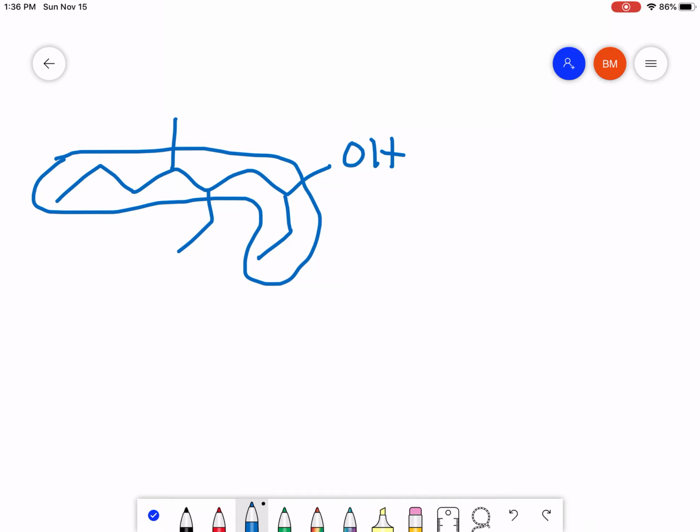And that's going to be 9 carbons long, so that is going to be nonane, but changed to an alcohol, so that is nonanol. That's not an easy name to say. It's kind of a tongue twister. Nonanol.